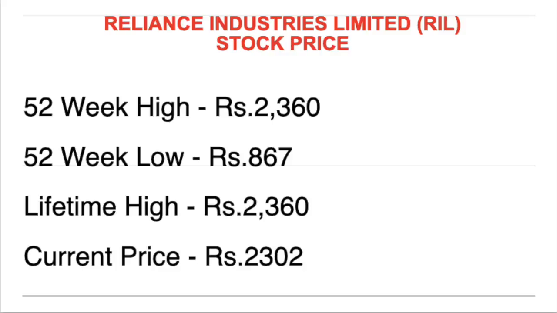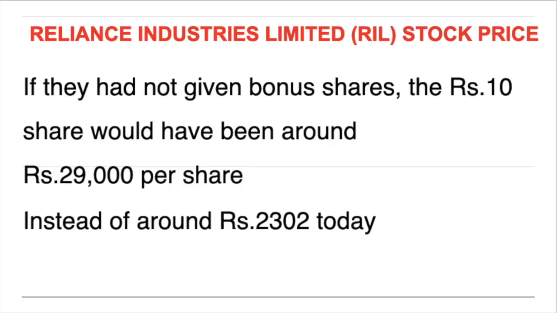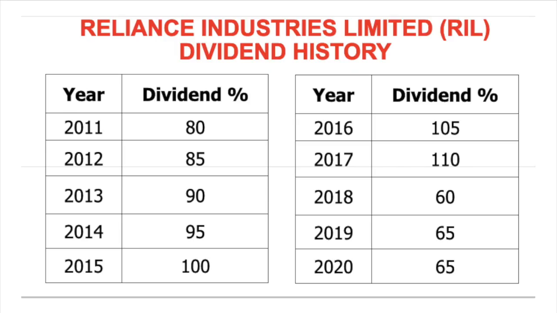Lifetime high, 2,360. Current price, 2,302. If Reliance had not given any bonus, the 10 rupee share today would have been as valuable as 29,000 rupees per share instead of 2,302 rupees.